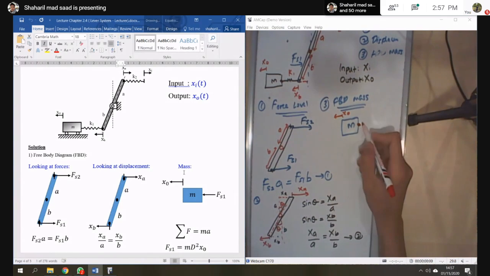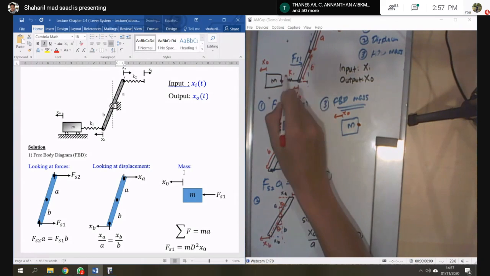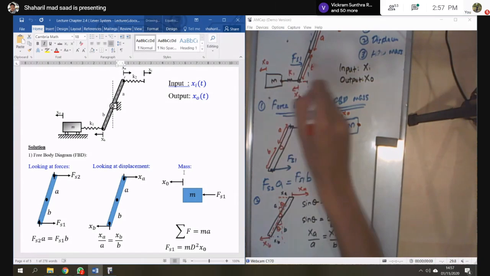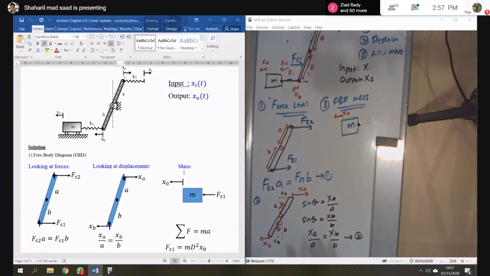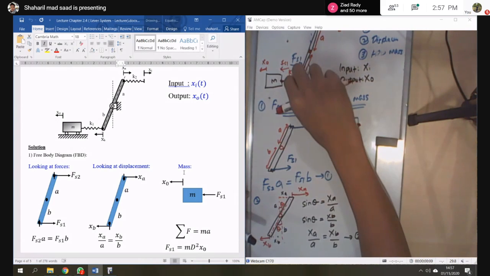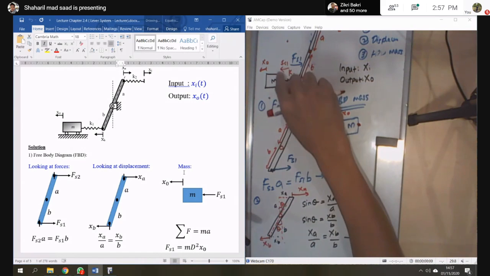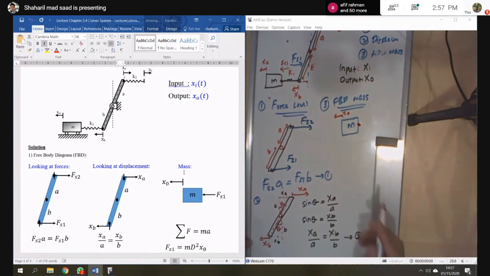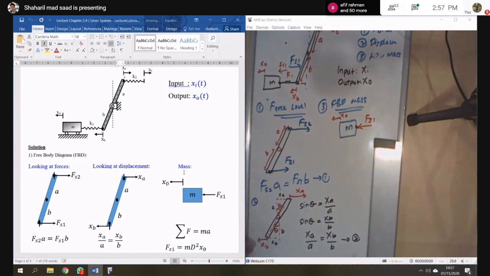Because of the force FS1 going there, right? At this point going to the right direction, that means another direction will go to FS1 here. Force going to this point at the right direction and another one will be at the left direction.